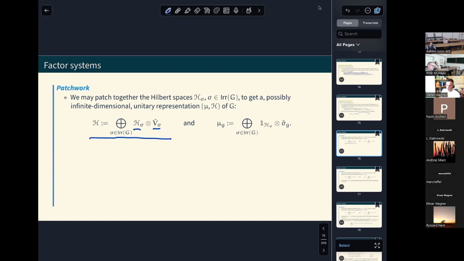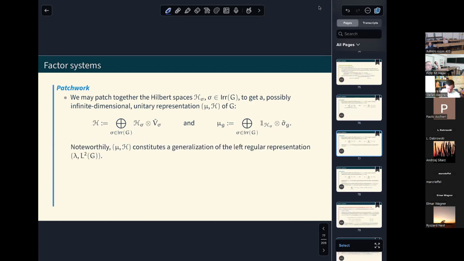On this you have a natural representation: on the second leg you act by the respective representation, and by one on the H sigma. The idea behind this is that this representation mu H is a generalization of the left regular representation. We will use this also a bit later.